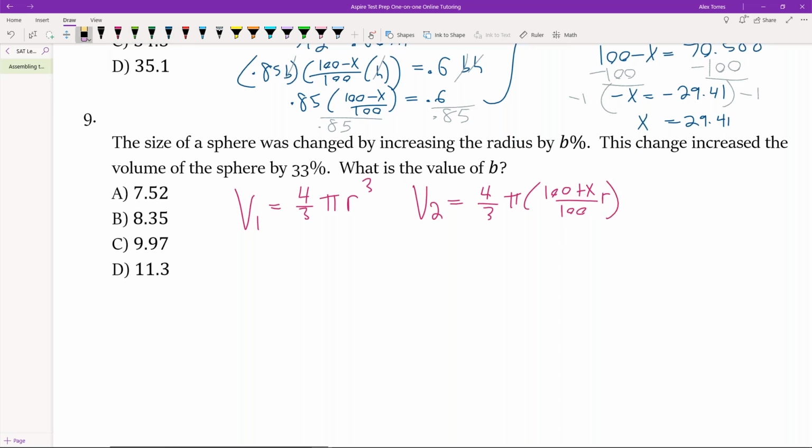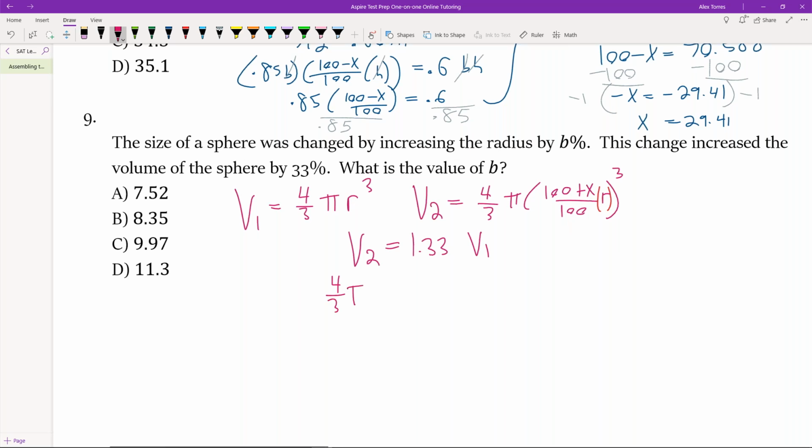The handwriting is a little iffy there, but the idea is that this is protected by parentheses, and that whole r is being multiplied by the (100 plus x) over 100, representing the fact that it was increased by an unknown percent. So the problem tells us that the second volume is 33% more than the first volume, and we explained why that is in question 7.